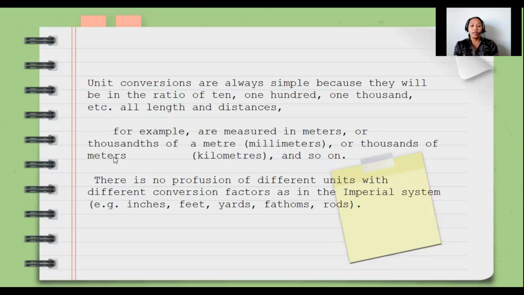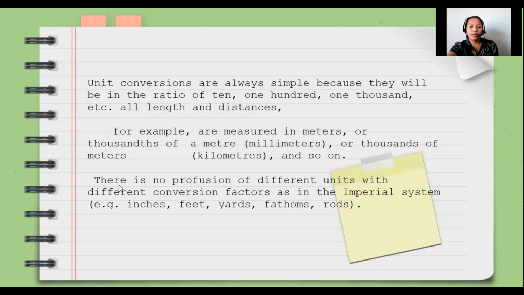That's why it is always simple to convert units, because they are in the ratio of just 10, 100, 1000, and other measurements. So there is no proportion of different units with different conversion factors as in the imperial system, which includes the inches, the feet, the yards, the fathoms, and the rods.